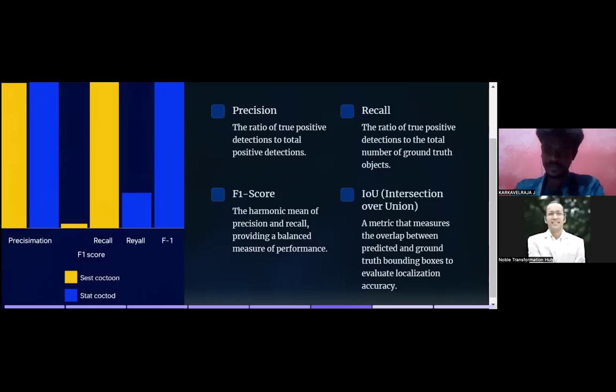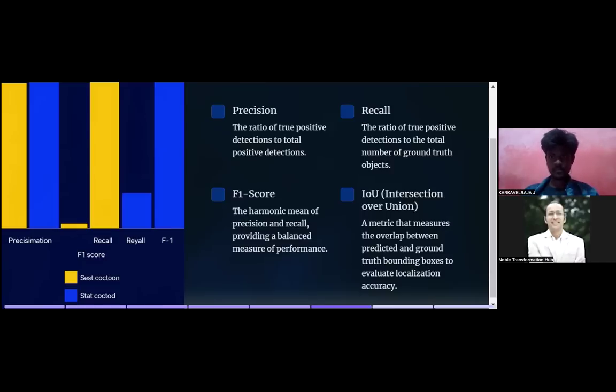So here the only difference is IOU, intersection over union, the metric that measures the overlap between predicted and ground truth bounding boxes, evaluating localization accuracy. Again, the same thing as in recall and precision, where we check true positives and negatives, here we are checking this overlap.